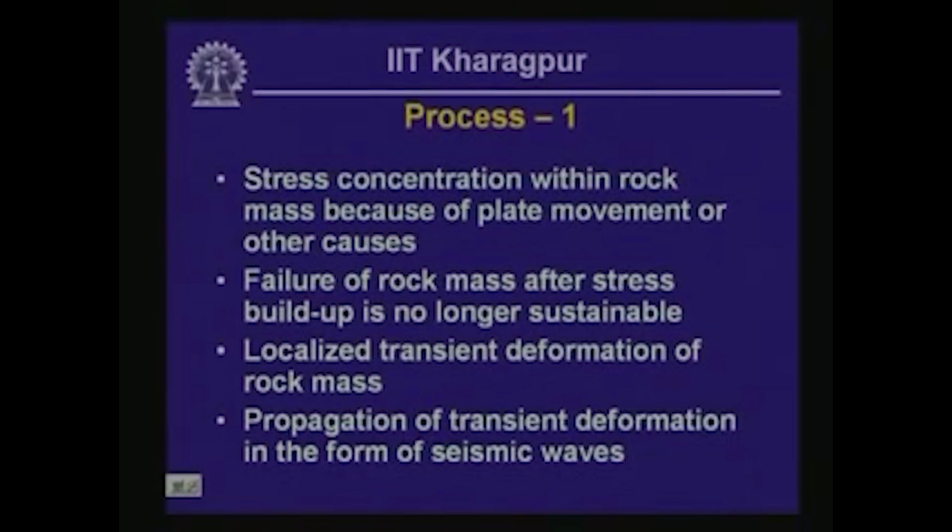And what happens because of the failure is that a sudden explosive deformation occurs near the location where the failure is taking place, and the localized transient deformation propagates as a stress wave, and these stress waves are called seismic waves.